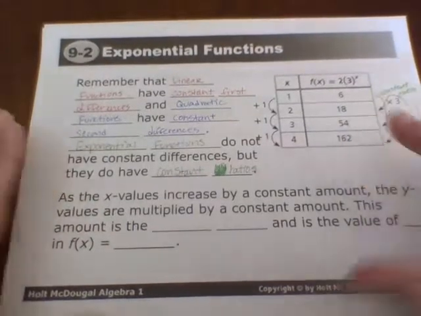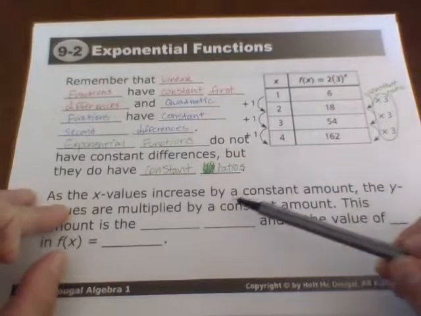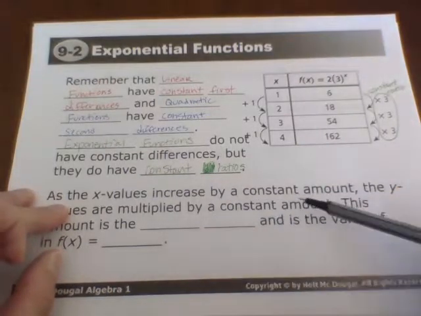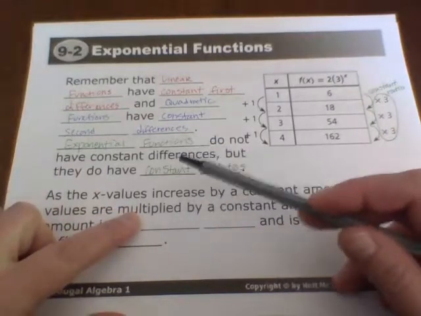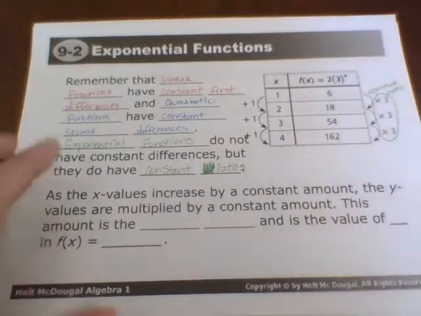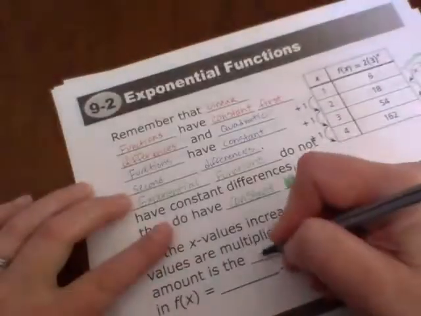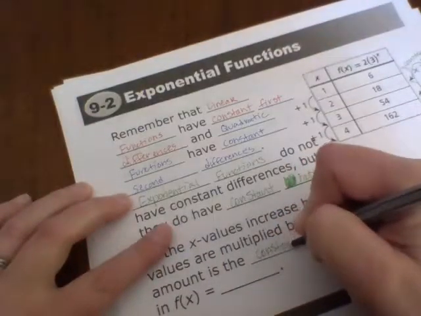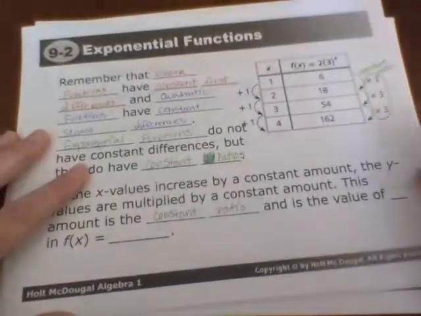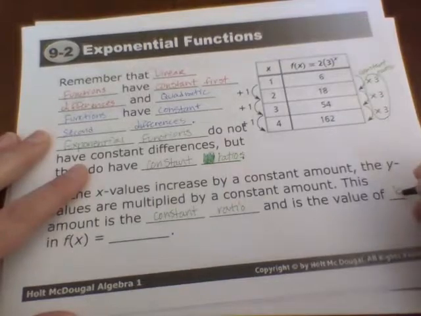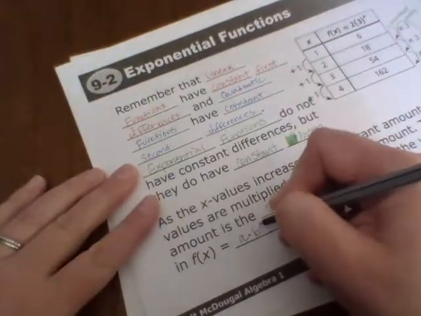So we do want to double check that this is a pattern first before we even check that there's a constant ratio or not. So this means as your constant ratio, that as the x values increase by that constant amount, the y values are multiplied. So again, multiplied and not added or subtracted like the constant differences. This amount is the constant ratio, and is the value of b in our equation of a times b to the x.